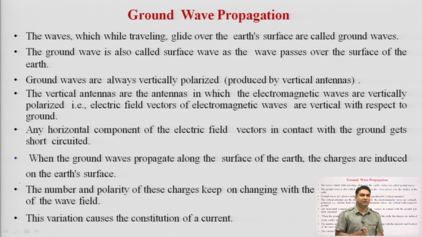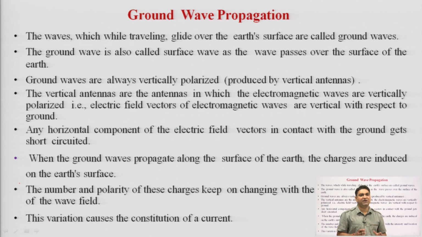The waves which, while travelling, glide over the earth's surface are known as ground waves. As I have already told you, the name ground wave or surface wave exactly reflects the ground or surface of the earth, and the movement of these waves is according to the curvature of the earth.